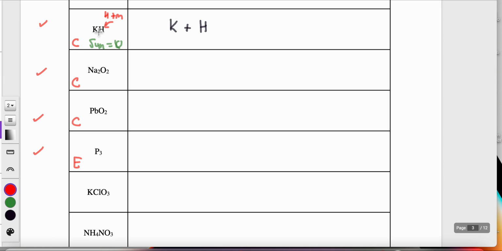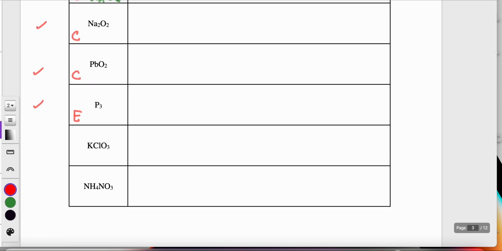So when H is bonded to a metal, it uses its -1 charge. There is only one K present, and so that K, by default, I can figure out mathematically, uses a +1, because +1 plus a -1 equals 0.